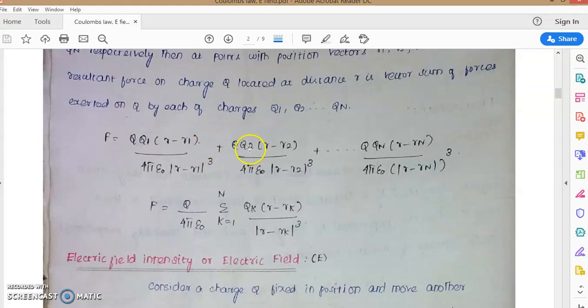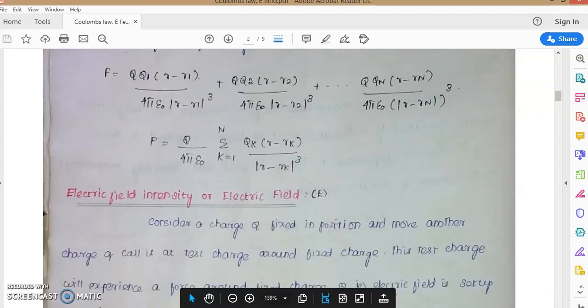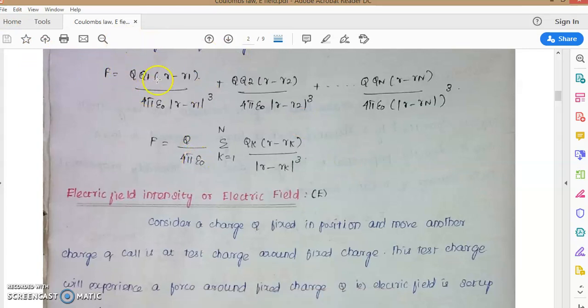Similarly, for the second charge q2 on q, that is q2 into r minus r2 divided by 4 pi epsilon naught into r minus r2 the whole cube, etc. up to qn. So this is like a summation series, isn't it? So in the above equation, we can take the constant term, that is q by 4 pi epsilon naught.